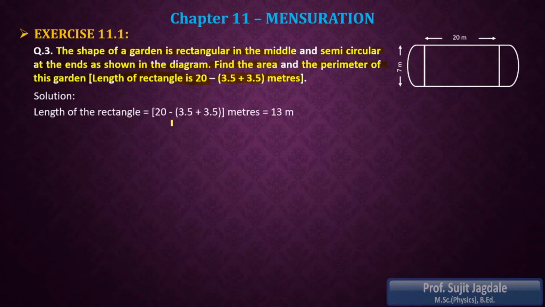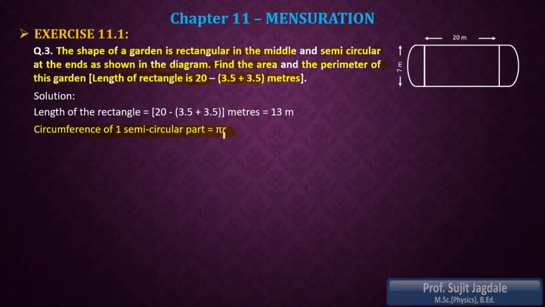Now this is the length of the rectangle. Now the circumference of one semicircular part, first we are going to calculate. We know that the circumference of a circle is calculated using the formula 2 pi r, and a semicircle means half circle. So we have to take half of that circumference.